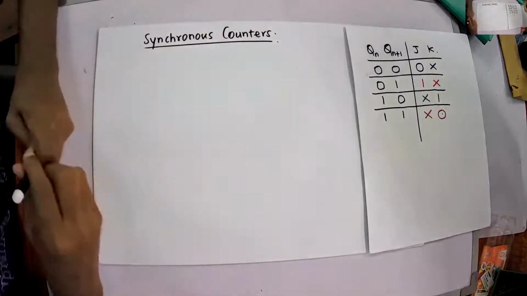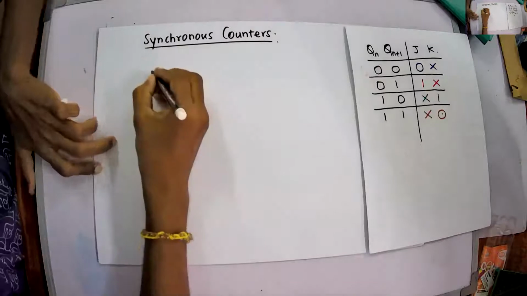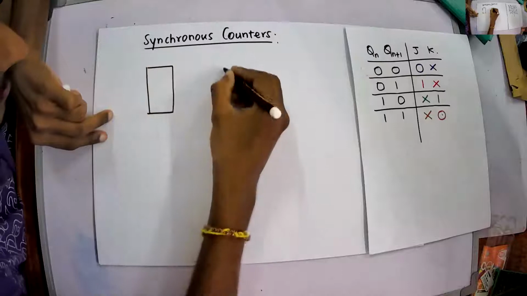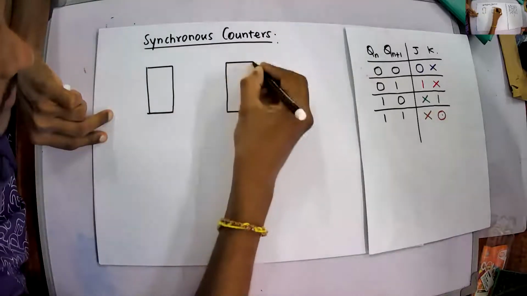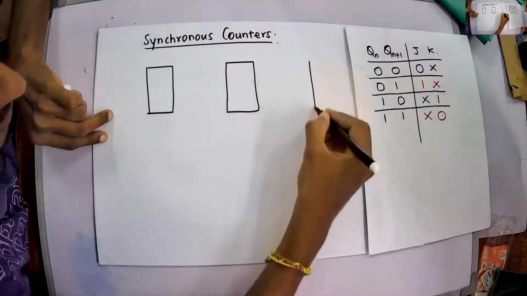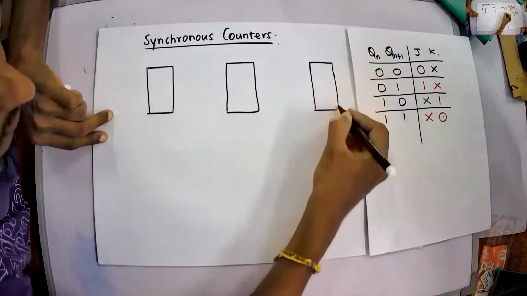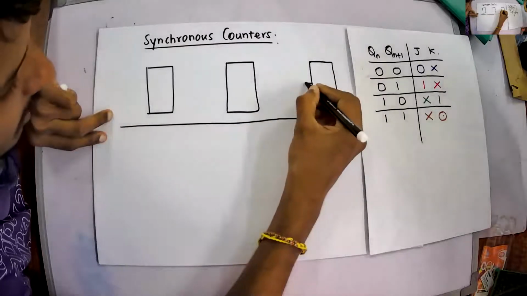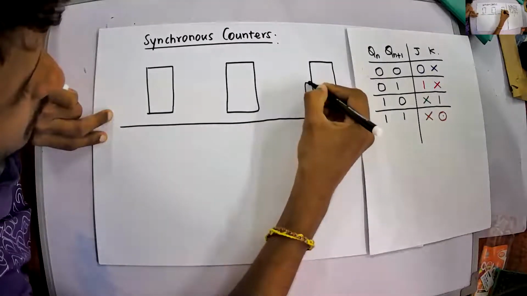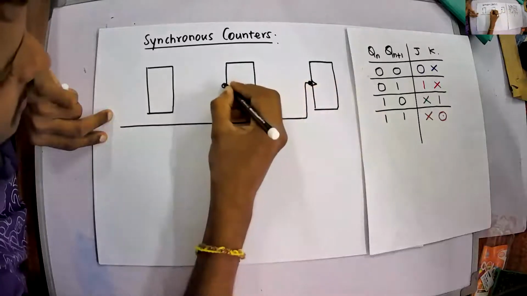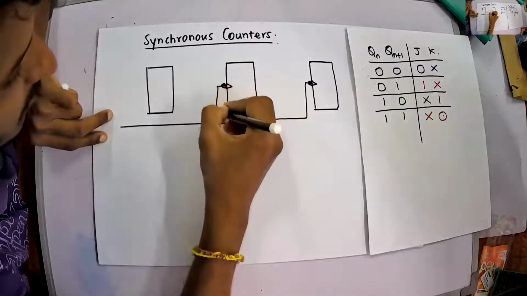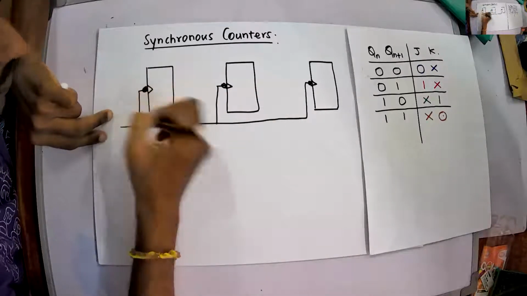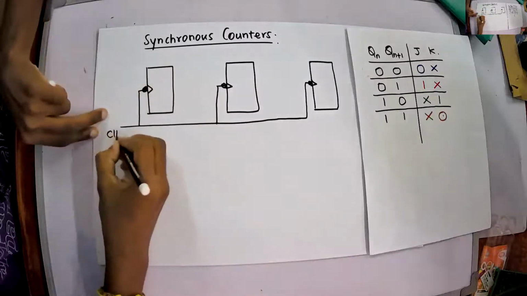For the synchronous counters, as I said, they have the same clock pulse. I'll simply draw a 3-bit JK flip-flop, 3-bit synchronous counter. So I have a clock, which is the same for all. I am using negative edge triggering flip-flops.